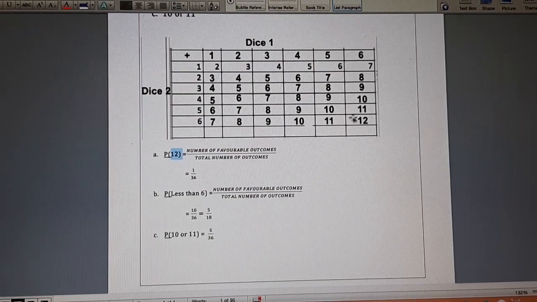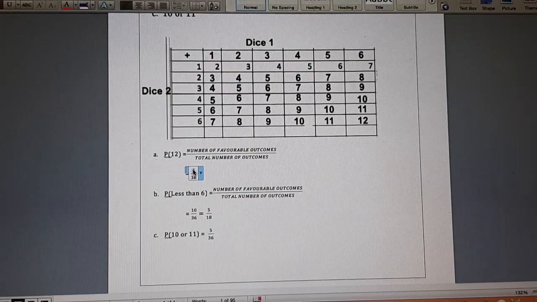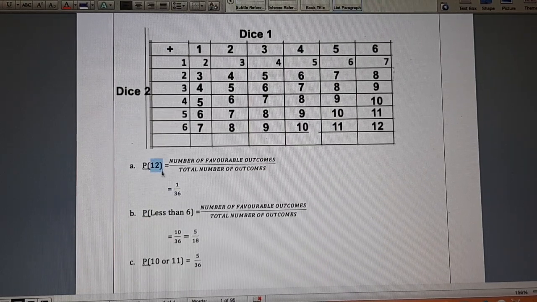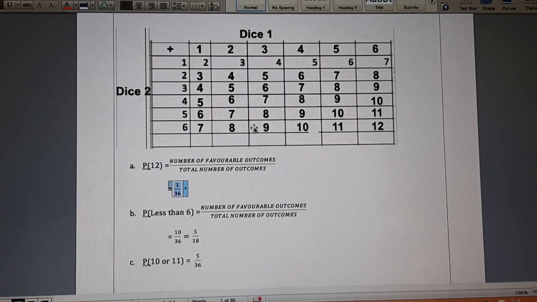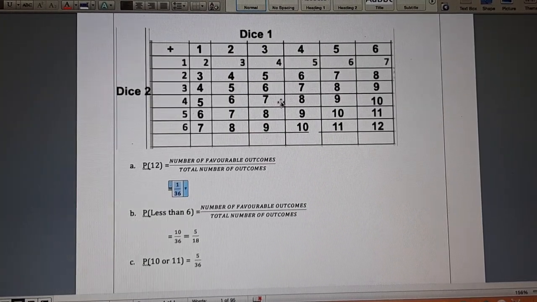So 12 comes only once. 12 is our favorable outcome. Hence 1 over 36 will be the probability of having 12 by adding the scores on the top of the two dice. Total outcomes are 36. Outcomes mean all the results of the addition of the scores of the two dice.